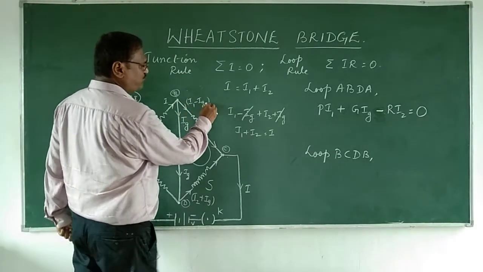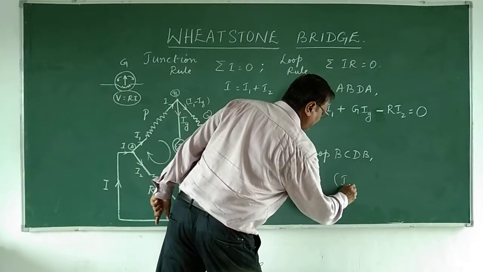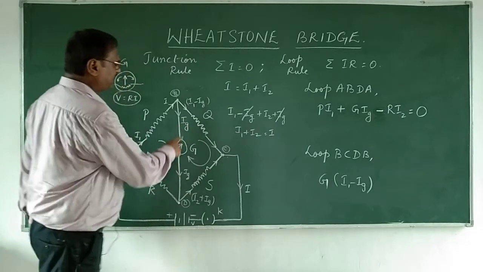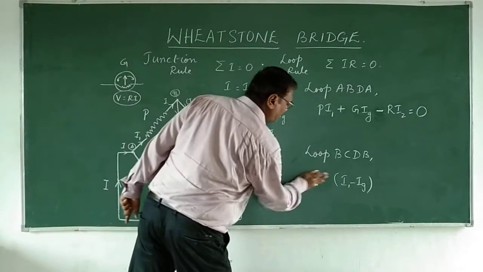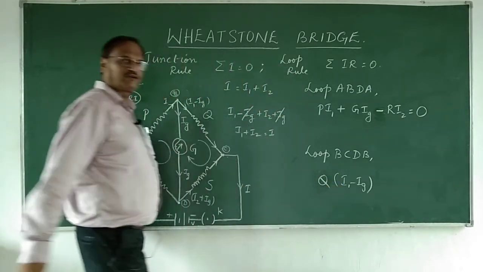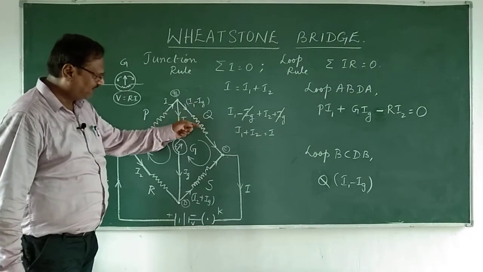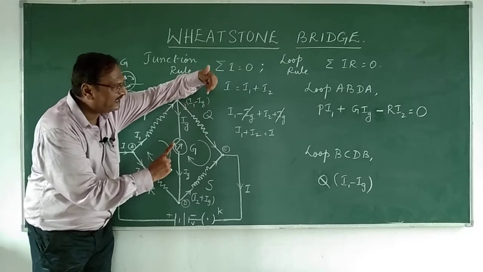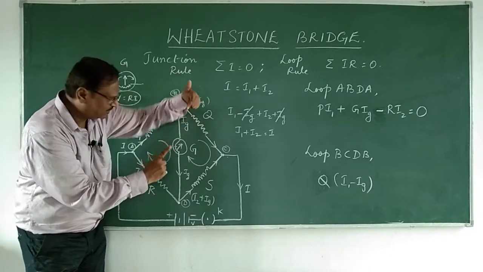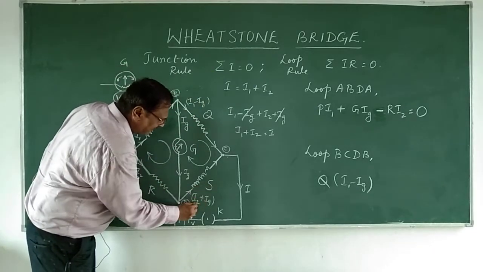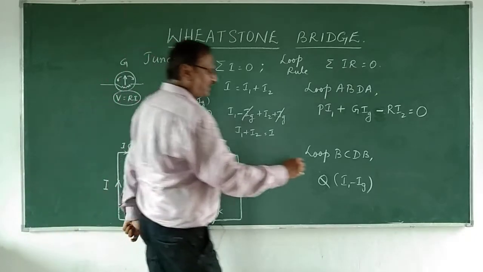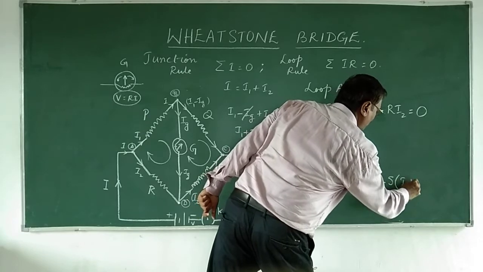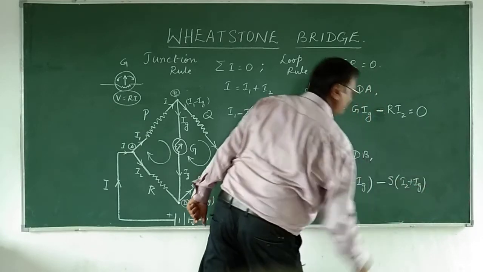I1 minus Ig is the current passing through the galvanometer. This is across the resistance Q. Fine. Q into current. Now come like this. Again you see current is moving upward and I am coming with the loop downward. So S into this, but there is a negative sign, minus of S into I2 plus Ig.